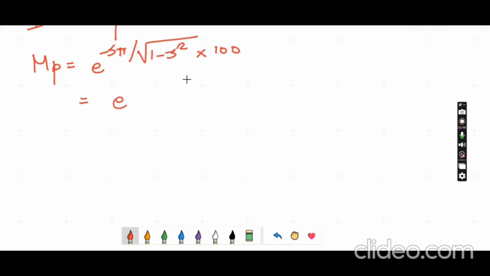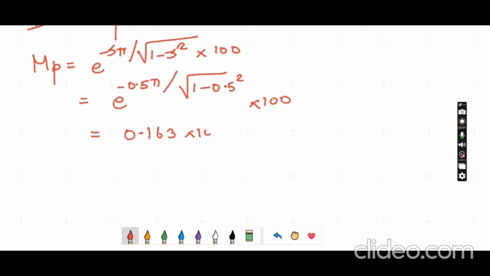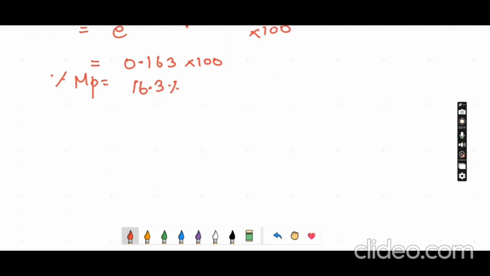Zeta is 0.5. We'll substitute the values. So it is 0.163 multiplied by 100. So the percentage of MP is 16.3%. That is the maximum peak overshoot.